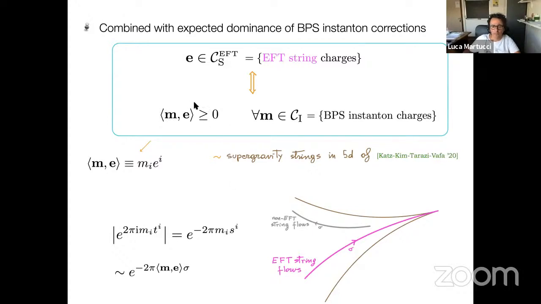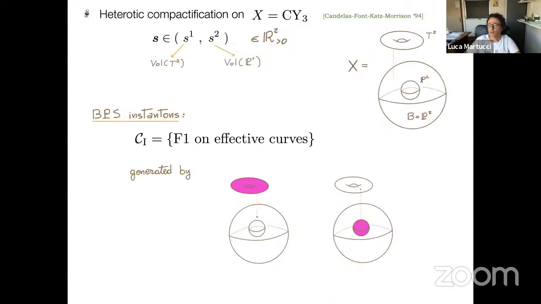And then if you satisfy this condition, the flow activated by a string with such a charge will preserve the exponential suppression of the correction along the flow, while a non-EFT string will activate a flow which will make such a correction explode at some point, hence destroying the perturbative regime.